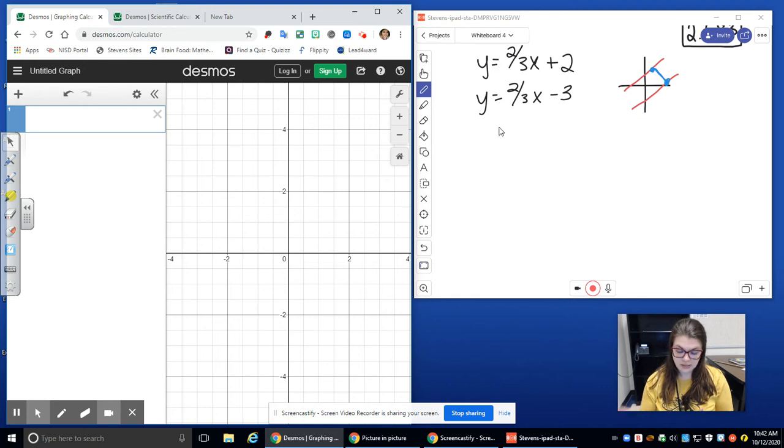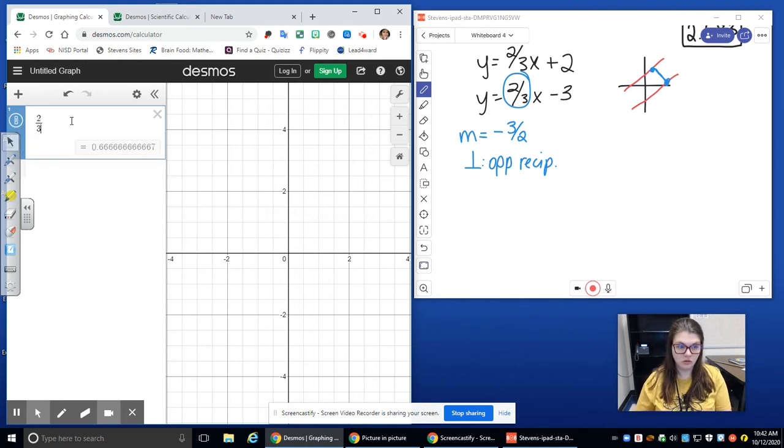So first step, we need to find the slope of our perpendicular line. We look at the slope given here, 2/3. Remember, perpendicular has to be opposite reciprocal. This is going to make our new slope -3/2. Now we have our slope, and then our previous lines, we type them into our graphing calculator.